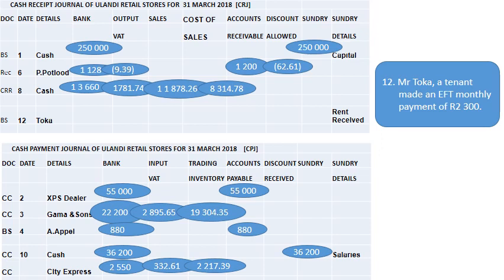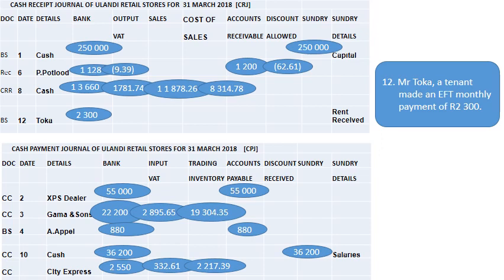Under the source document, we will show it as a bank statement entry because it was a transfer payment. Dated the 12th. The details of the transaction, it's a tenant, Mr. Toga. We write Toga. In the bank column, the full amount that we have received, 2,300 rand.